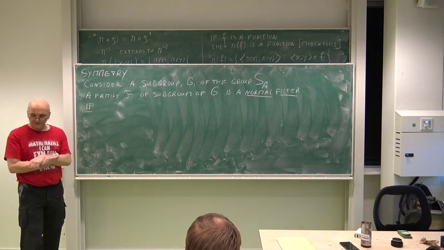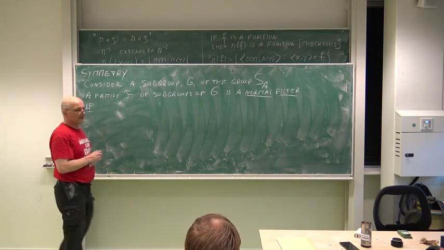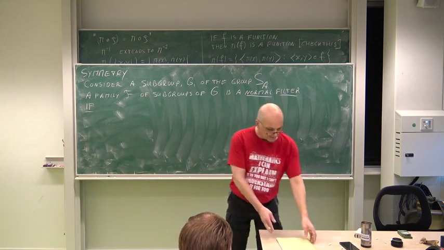You take a family of subgroups, you call it a normal filter, if what?